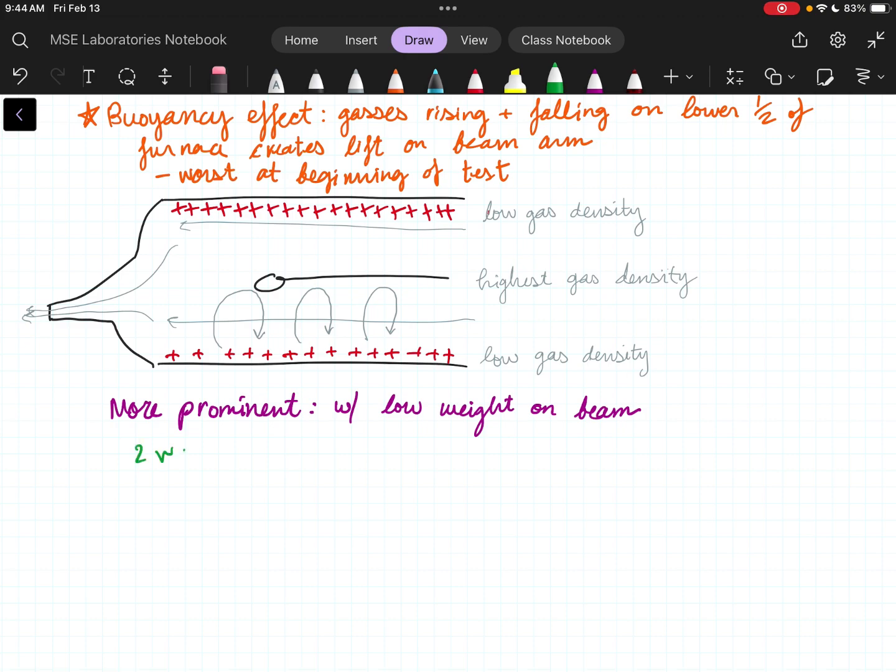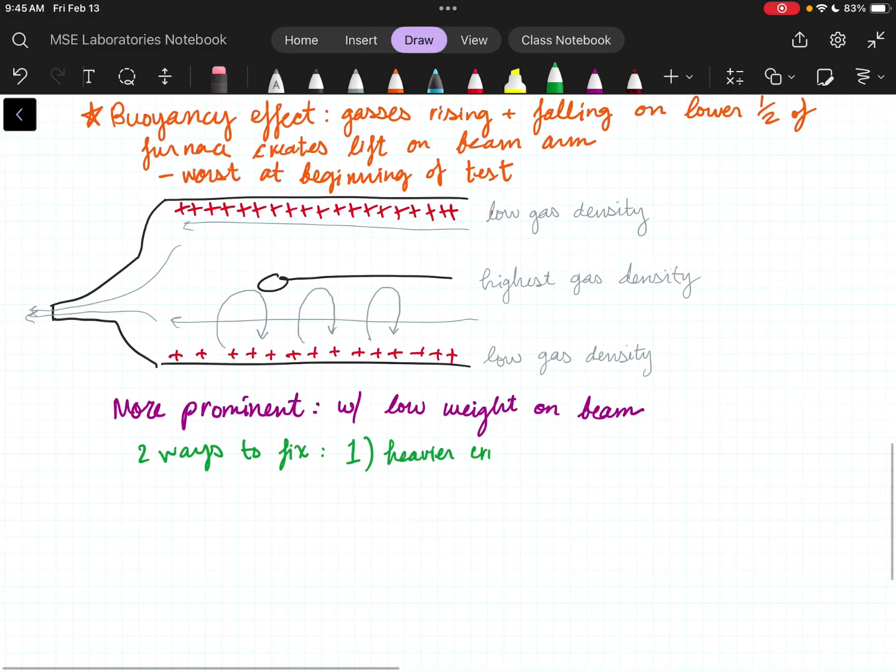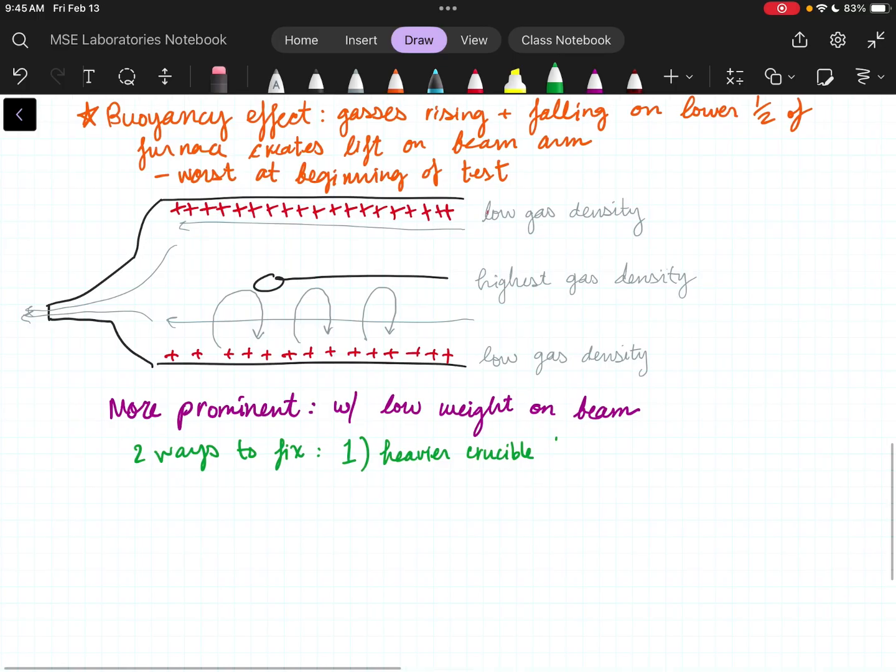If it's a significant problem, if someone has a really fluffy sample, putting a lid on the crucible can help, because you're just adding mass to the situation. You're going to get less lift. So the best way to fix that is to use at least 10 milligrams of material, possibly use a lid just to weigh everything down a little bit more.